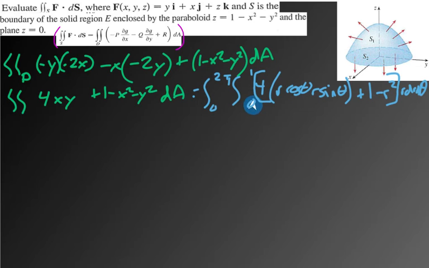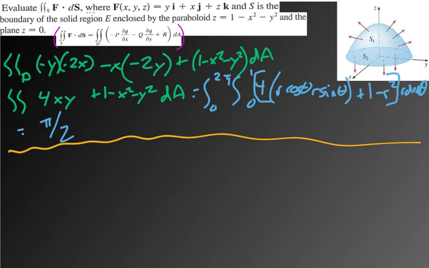And so r is going 0 to 1, and then the full 2 pi is happening. If you compute that out, you would get pi over 2. And so that is one of my surface integrals. That's basically computing the connection between the vector field and the S1 paraboloid surface, but now you have to do the other one.